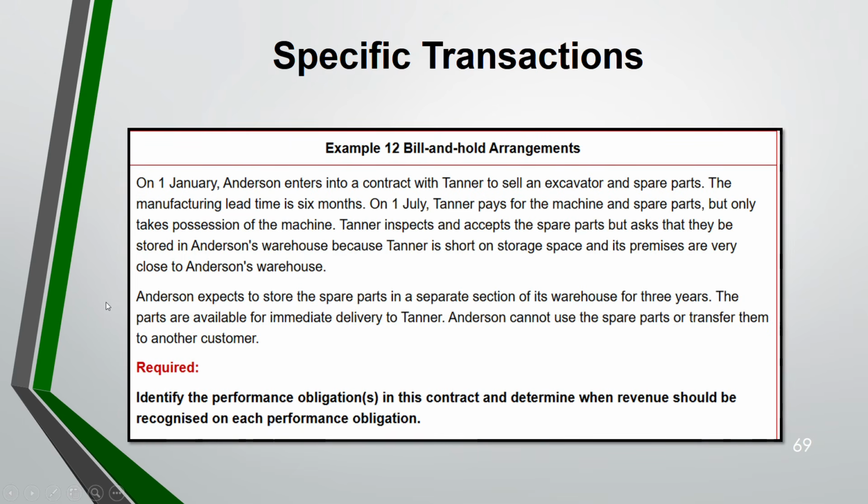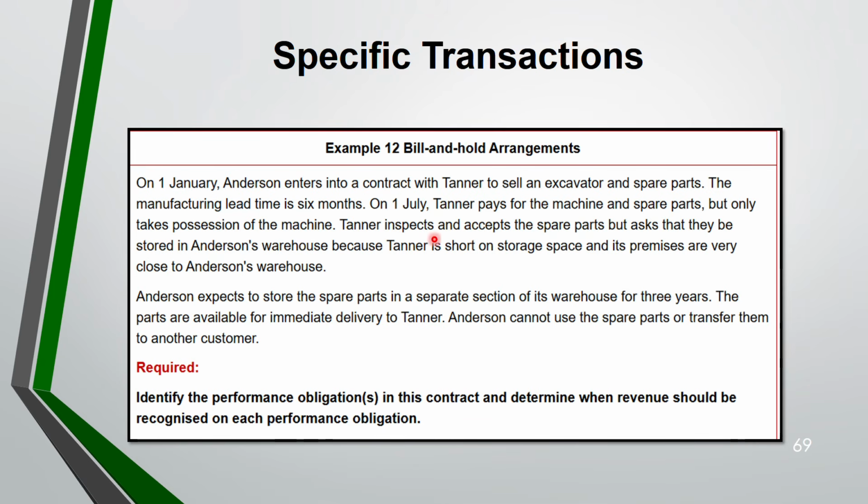Now, example 15 is an example of a bill and hold arrangement, where you are supposed to identify the performance obligations and determine when the revenue should be recognized on each performance obligation. So here, Edison is entering into a contract to sell an excavator and spare parts, 2 performance obligations. One for spare parts, the other for the excavator. The manufacturing lead time is 6 months. On 1st July, they are paying for the machine and spare parts, but only taking possession of the machine.